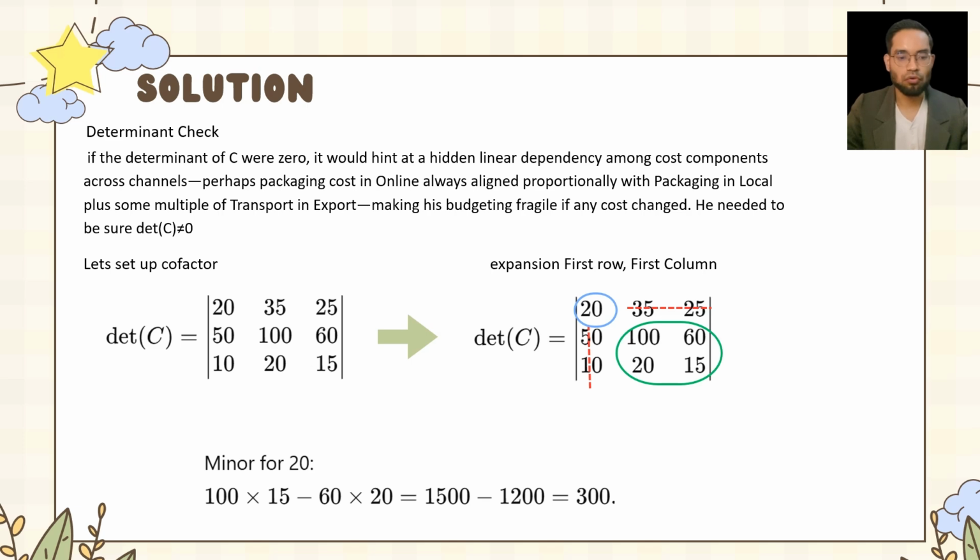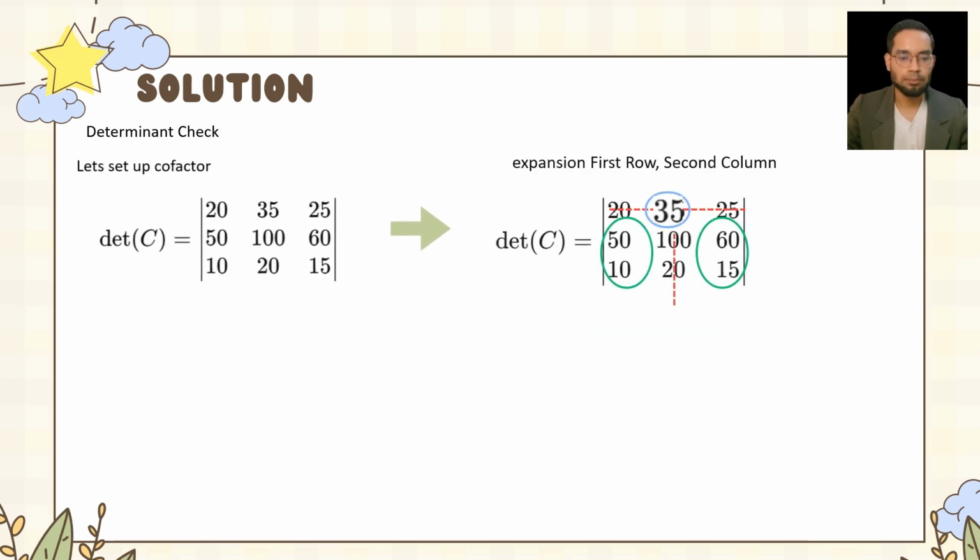So we see over here we want the expansion on the first row and the second column, whereby we select the second number on the first row, which is 35. We remove the first row and the second column.